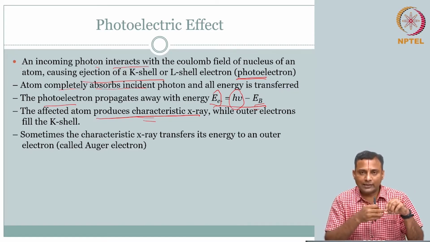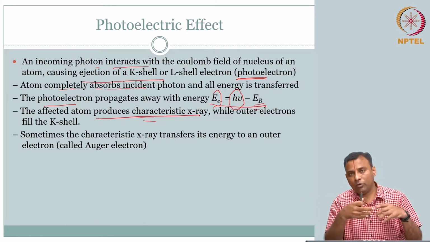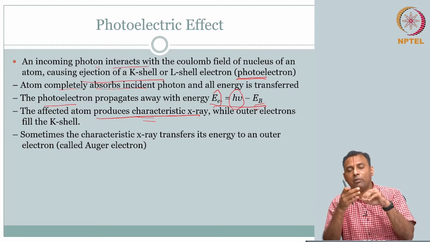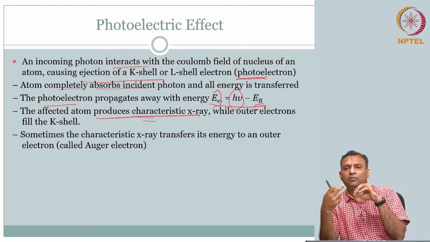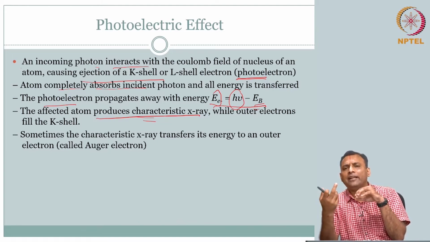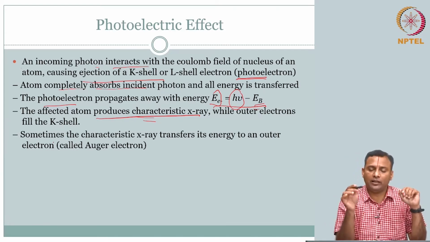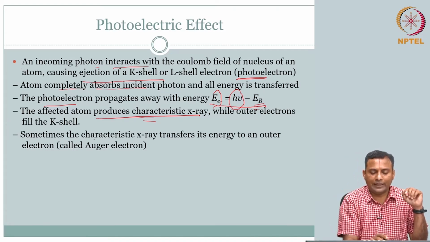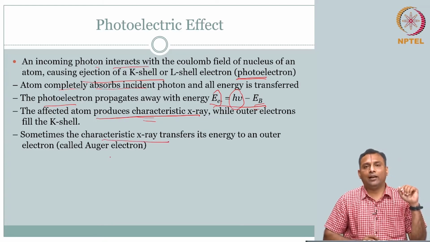When that photon is trying to leave the atom, it may knock off an electron in the outermost shell, because in the outermost shell the binding energy is going to be less, so it is going to be weak. Maybe it has sufficient energy to kick that electron. So, sometimes the characteristic X-ray transfers this energy to the outer electron.